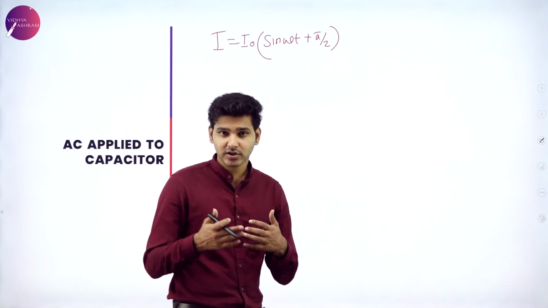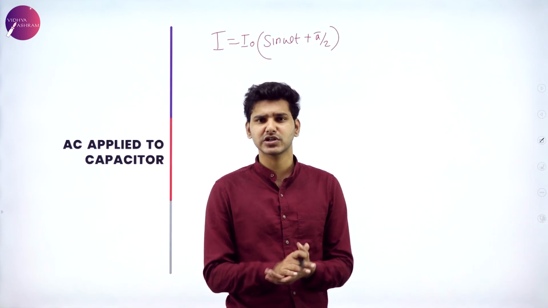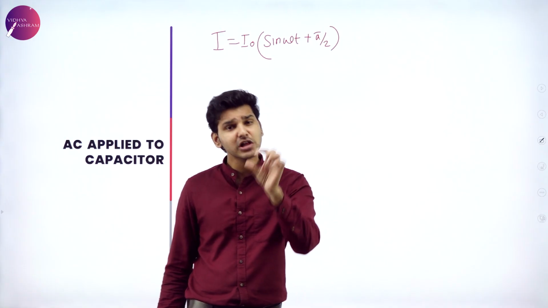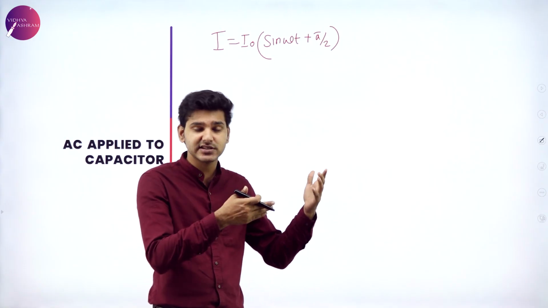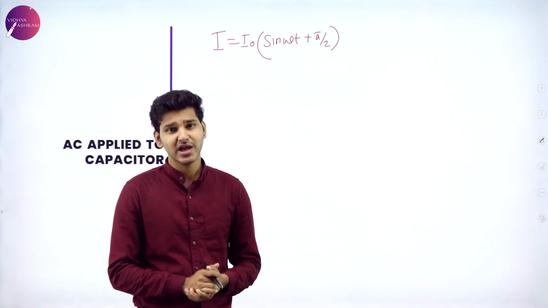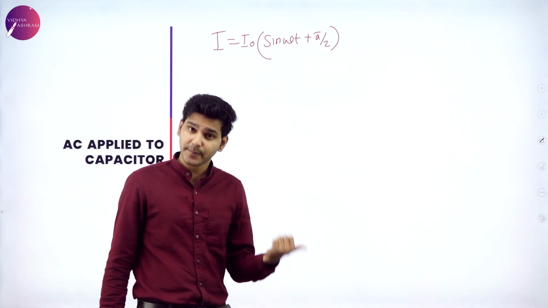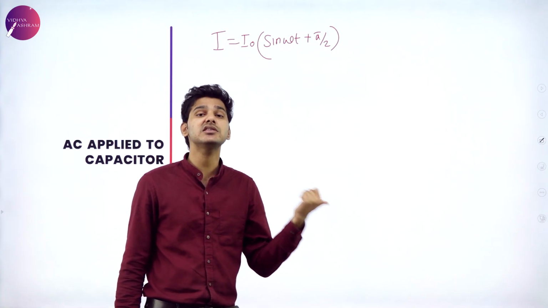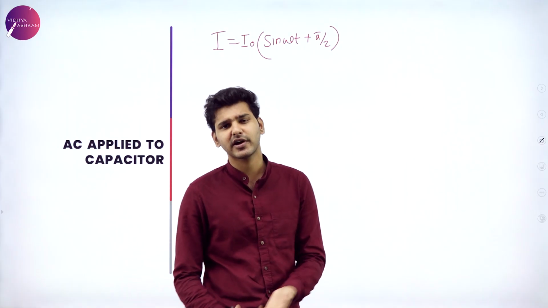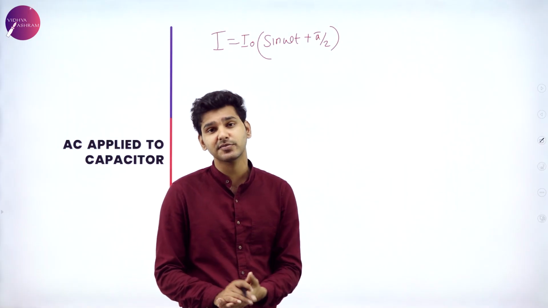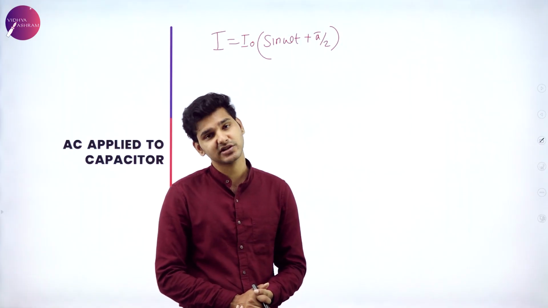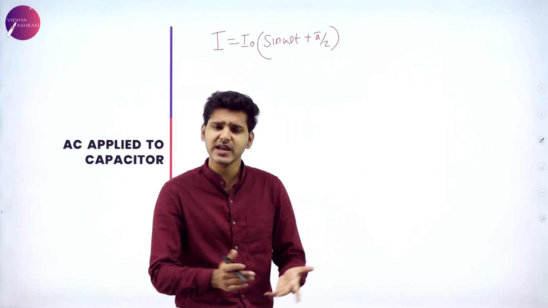Okay, since we saw what happens to current in all of these circuits, we also have to learn one small thing, that is the resistance offered in all of these circuits. That is, we have to find the capacitive resistance and the inductive resistance. We don't have to find that for a purely resistive circuit because resistance itself is mentioned there, and both current and voltage are in phase with each other.